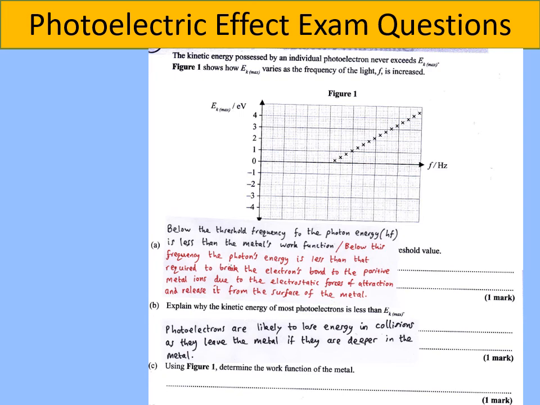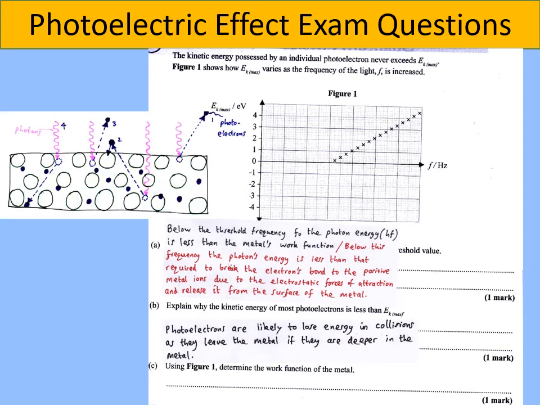So let's go into a little bit more detail with this. You don't have to draw such a diagram, especially when it's only worth 1 mark, but just to explain it to you, maybe to make it a bit clearer, what we have here is the metal, and we have the large circles representing the ions inside the metal, and we have these incoming photons.